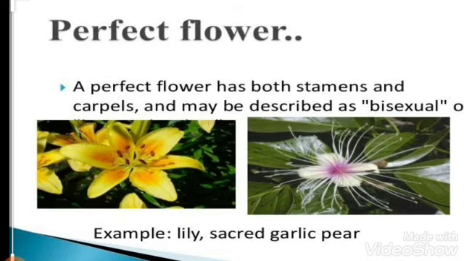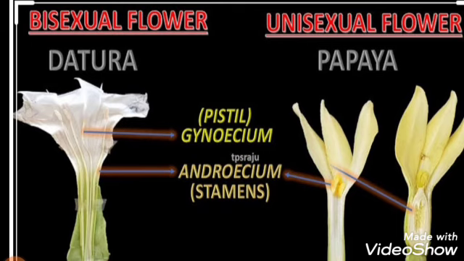Now next is the difference between bisexual and unisexual flowers. Uni means one and bi means two or both. So in a unisexual flower, it has either male or female reproductive units, as shown in papaya.